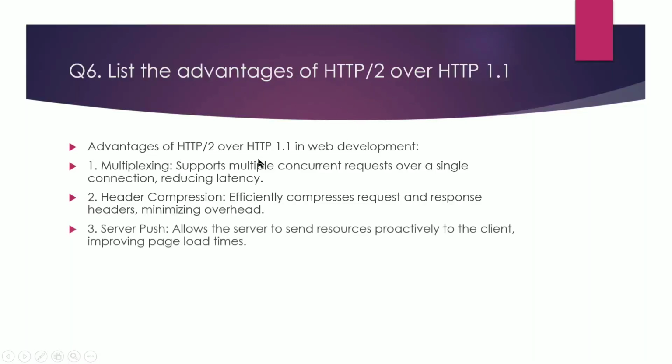Now let's see what else we have. Server push. HTTP2 allows the server to send resources proactively to the client, improving page load times. It means the server can concurrently send data to the client so that everything loads so fast.